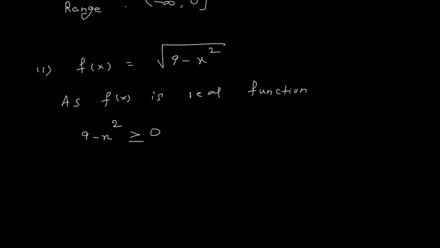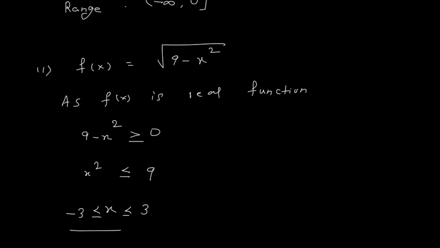So when I say 9 minus x square should be greater than or equal to 0, this gives me the value of x square should be less than or equal to 9. This gives me the value of x greater than or equal to minus 3 and less than or equal to plus 3. Whenever we have x square less than 9, this is how we get the answer.